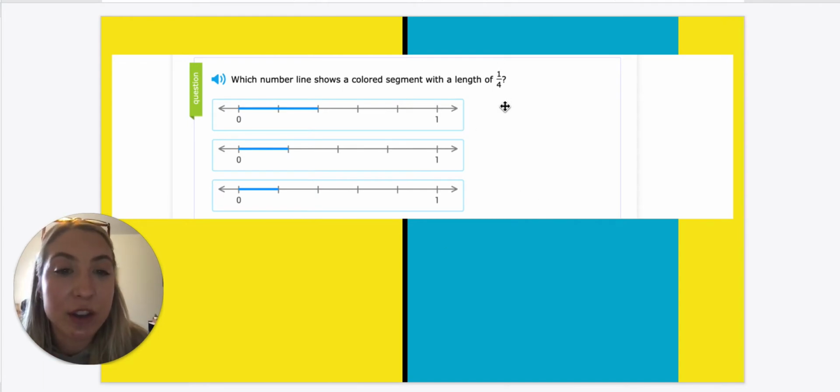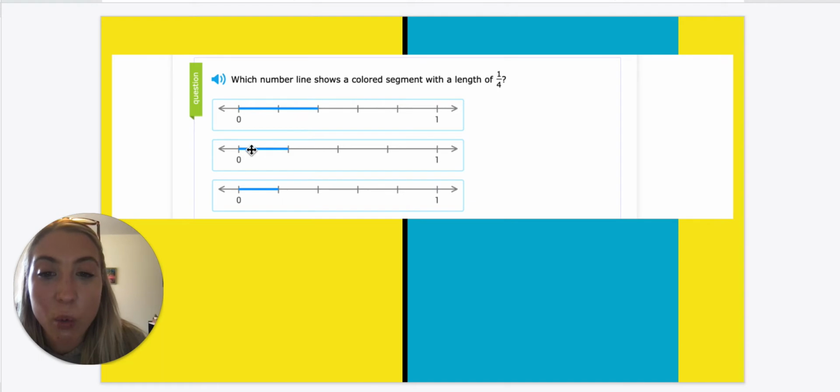But we know we're looking for the one that has a color. 1/4 is colored. So we know that they broke it up into fourths, which is 4 equal parts. Our top number is how much is shaded: 1 part out of the 4 equal parts. So we'll check, 1 part is shaded out of our 4 equal parts. So this is showing 1/4 colored in on a number line.